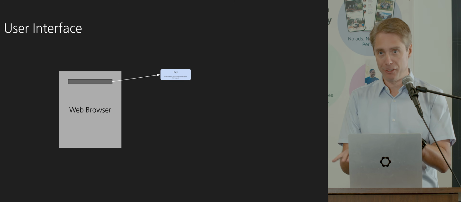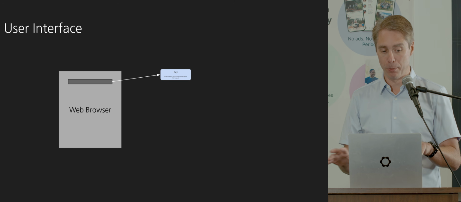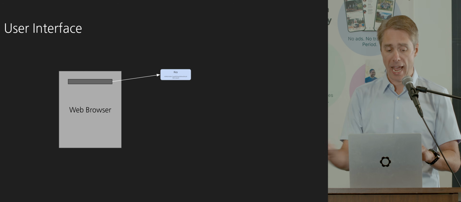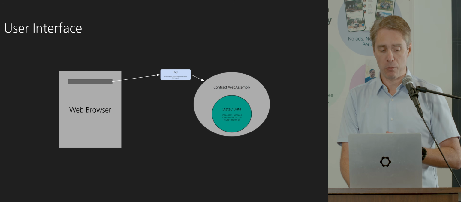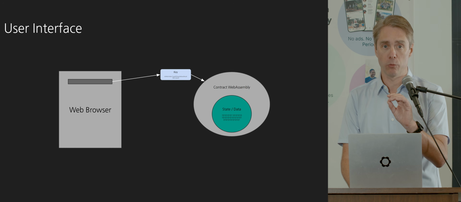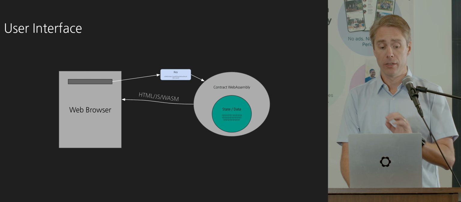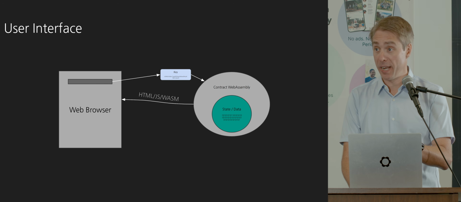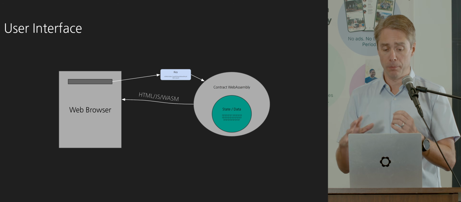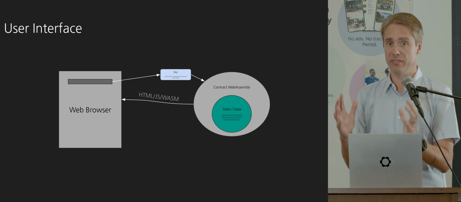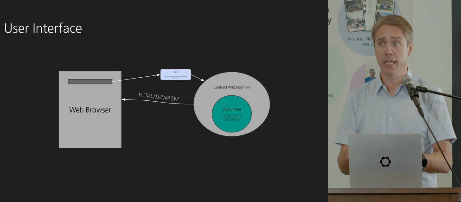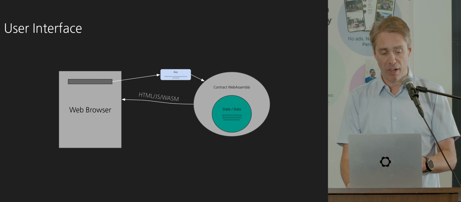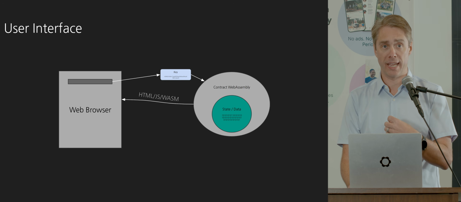So you can type http://localhost:whatever the port you're running on is, then a slash and a key, and the Freenet core will retrieve the data that corresponds to that key from the network, and supply it back to the web browser. That will literally be a zip of HTML files, JavaScript, or potentially WebAssembly, anything that can be understood by the web browser.